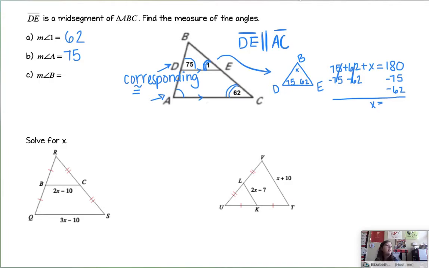Yes, you would still get the same thing if you did 180 minus 62 minus 75. So what are we ending up with when we take 180 minus 75 minus 62? 43. Very good. So that means that this angle right here is 43. So angle B, I'm sorry, is 43.